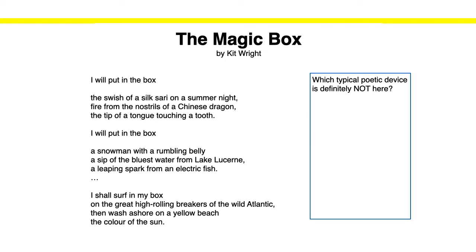Okay. The poetic device that's definitely not there is rhyme. This is a poem, but it doesn't rhyme. Not all poetry rhymes. In fact, there is actually less poetry that rhymes than there is poetry that doesn't rhyme.